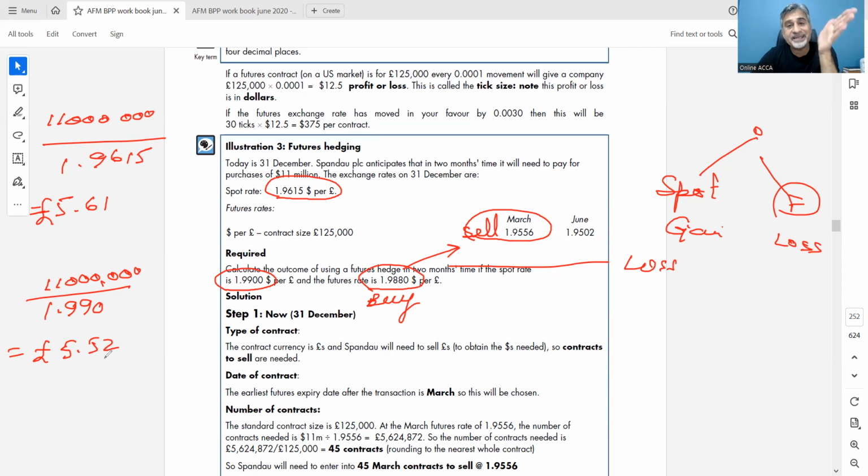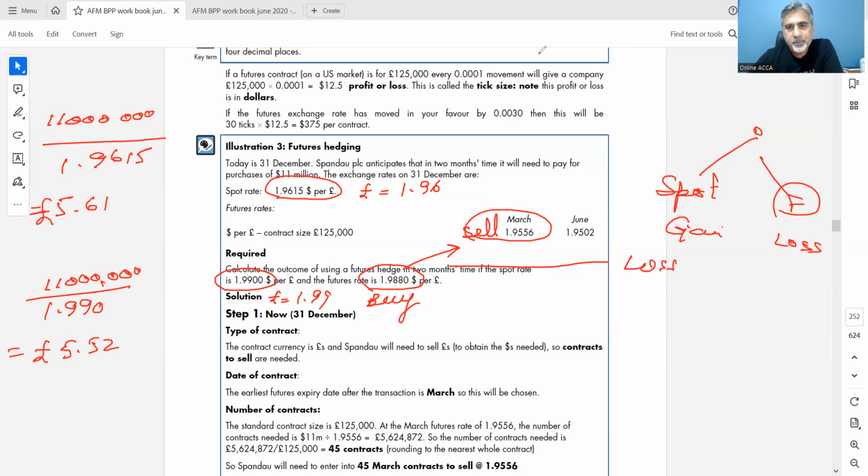So actually, I need less sterling now because the dollar has become weaker, because at that time, 1 sterling meant $1.96. Now, 1 sterling is equal to $1.99. So for 1 sterling, you are getting more dollars. So sterling has improved. That is actually totally opposite of what we expected.